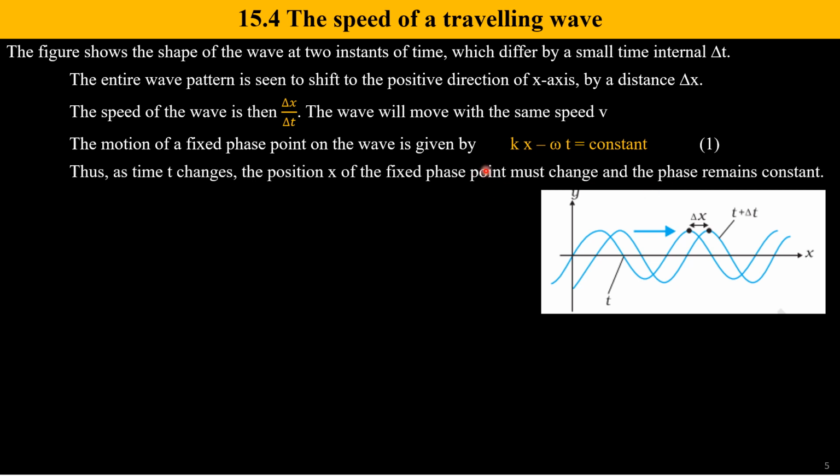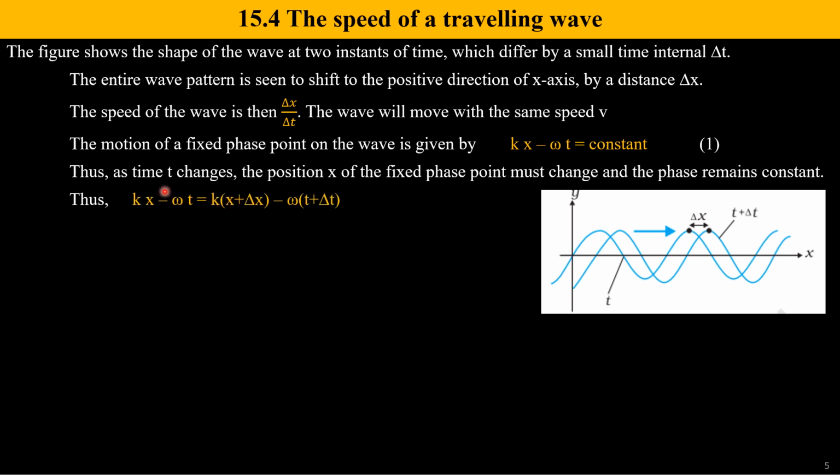Thus, kx minus omega t of equation 1 will become, after delta t, when it travels a distance delta x, so x becomes x plus delta x. Therefore, the left hand side becomes k into x plus delta x minus omega into t plus delta t, as t has changed from t to t plus delta t.